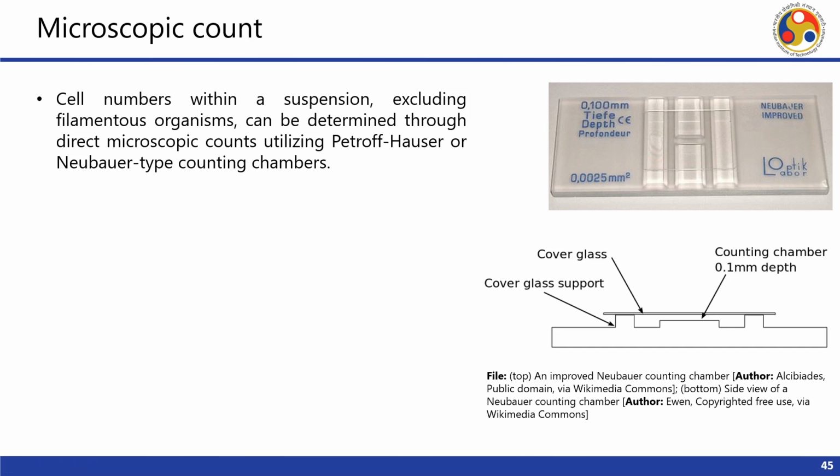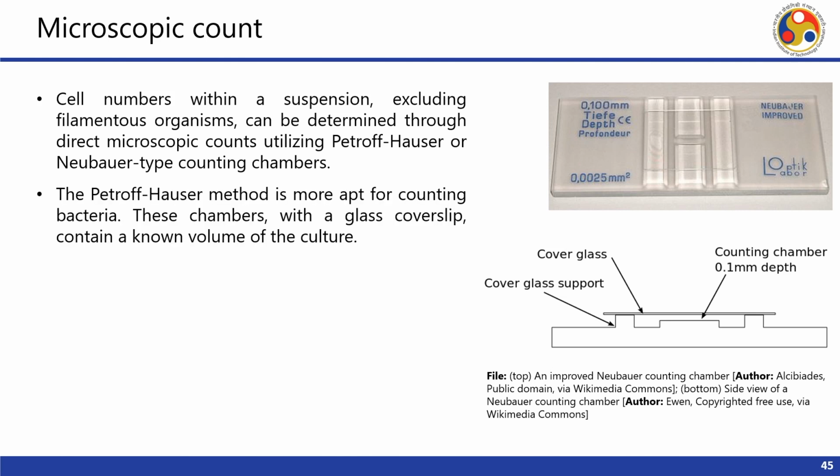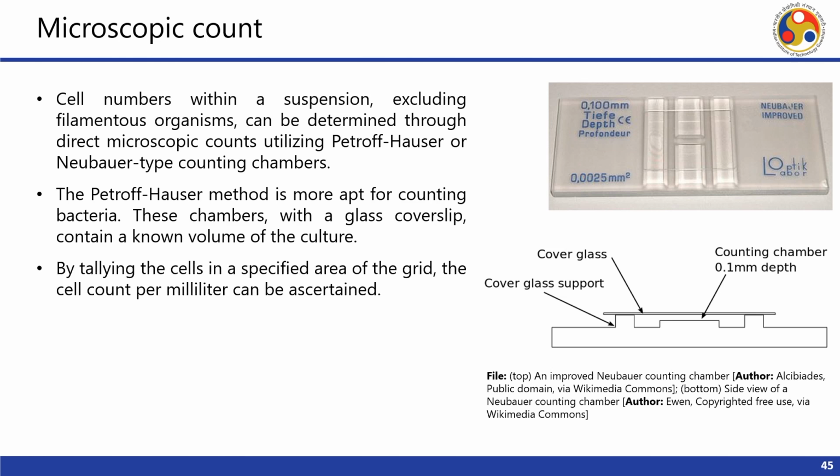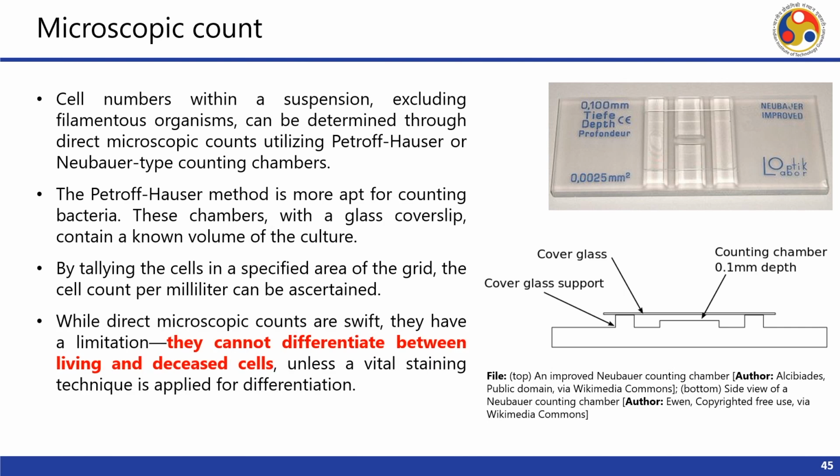So, here you have this diagram which shows an improved Neubauer counting chamber, and this is a side view of these counting chambers. The Petroff-Hausser method is more apt for counting bacteria. These chambers with a glass cover slip contain a known volume of the culture. By tallying the cells in a specified area of the grid, the cell count per millilitre can be ascertained.